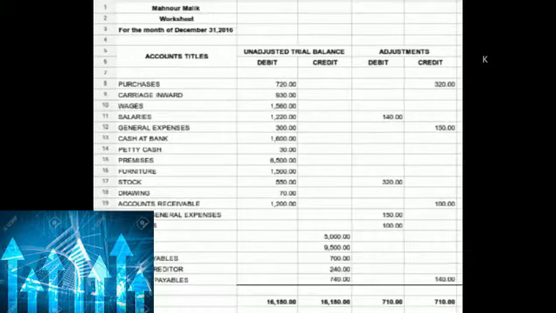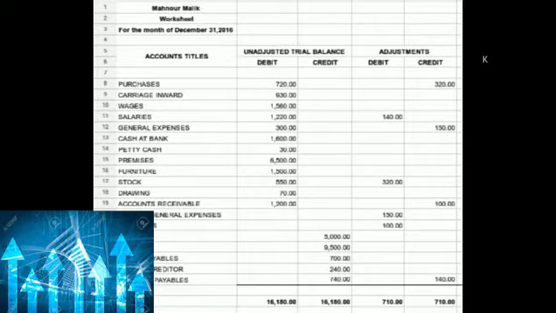So let's proceed to adjustment. In our adjustment, we have 320 for purchases on the credit side, 140 for salaries on the debit side, 150 for general expenses on the credit side, then 320 for stock on the debit side, 100 for account receivable on the credit side, then prepaid general expenses of 150 on the debit side and 100 bad debts also on the debit side.